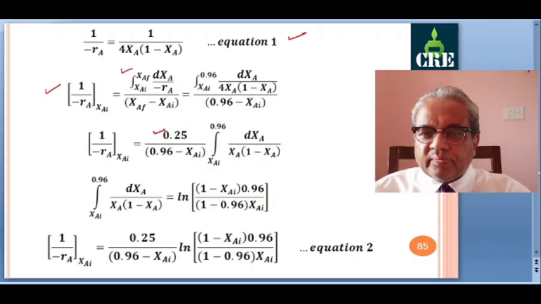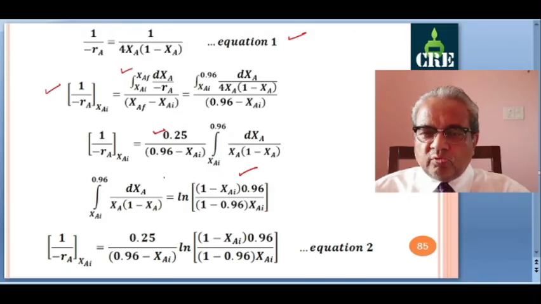XAI will be some constant value for one particular recycle ratio, so this we have taken outside. The integral is dXA by XA into 1 minus XA from XAI to XAF of 0.96. After substituting the limits of integration, this comes out to be ln of 1 minus XAI into 0.96 divided by 1 minus 0.96 into XAI.